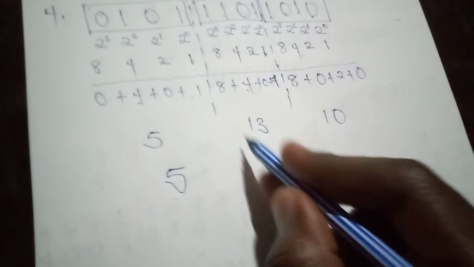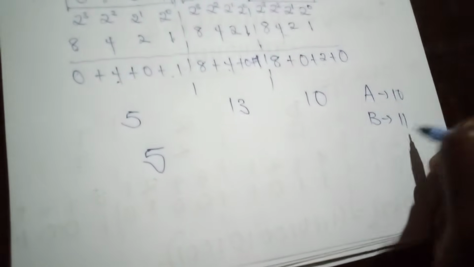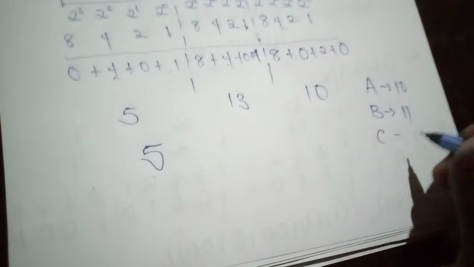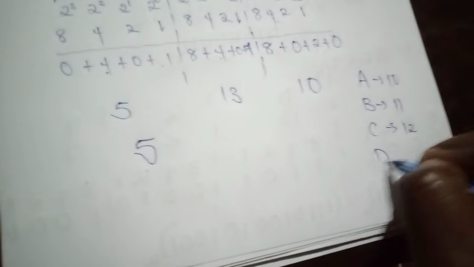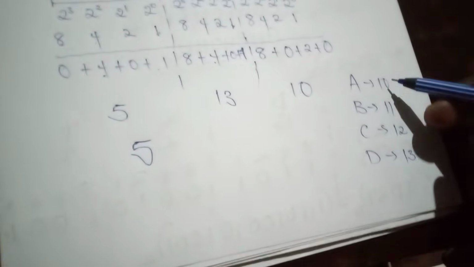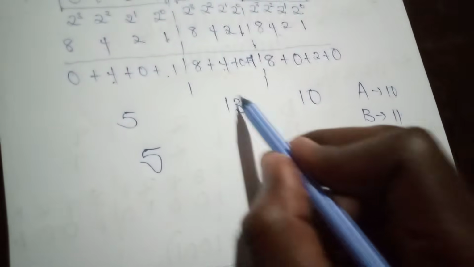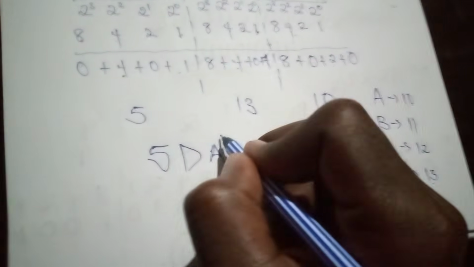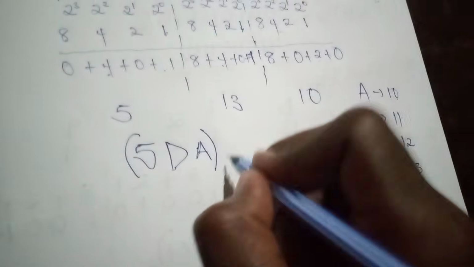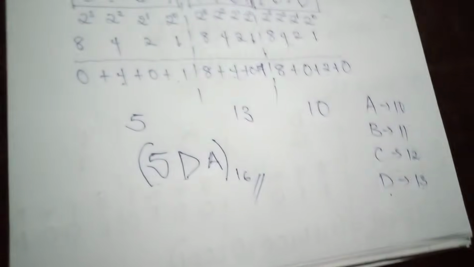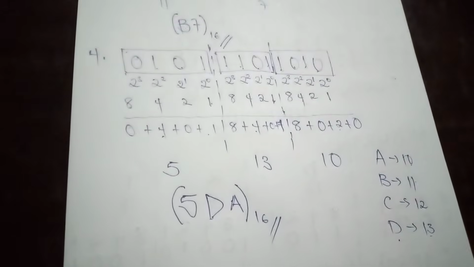And then 13: like I said, A is represented by 10, B by 11, C by 12, and D by 13. So where there is 13, you replace it with D, and where there is 10, you put A. So this is your answer in base 16.